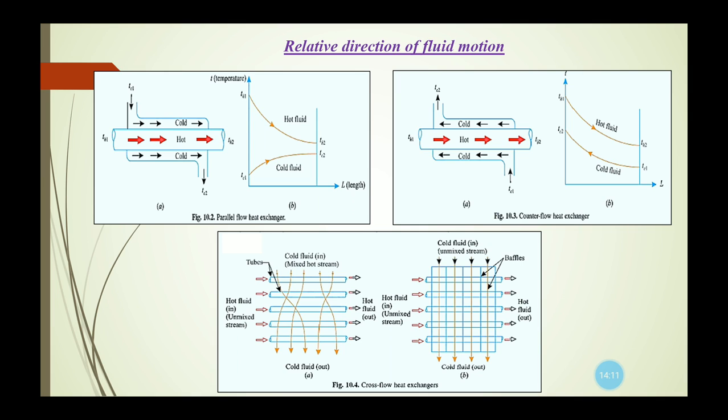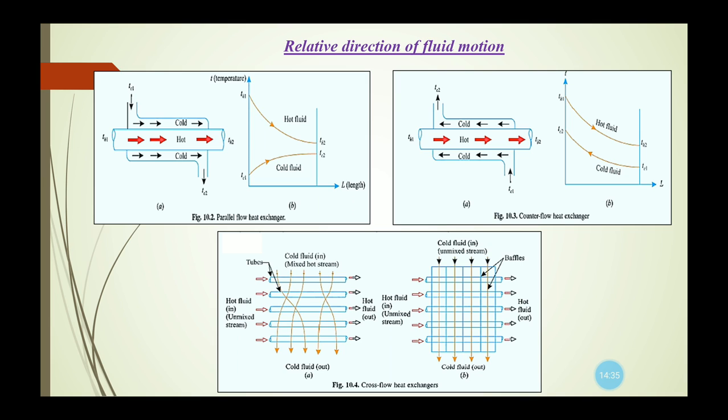So this is one important characteristic of the counter flow heat exchanger. The hot and cold fluids move in opposite directions, and it gives the maximum rate of heat transfer for a given surface area, and that's why they are mostly favored for heating and cooling of the fluids.